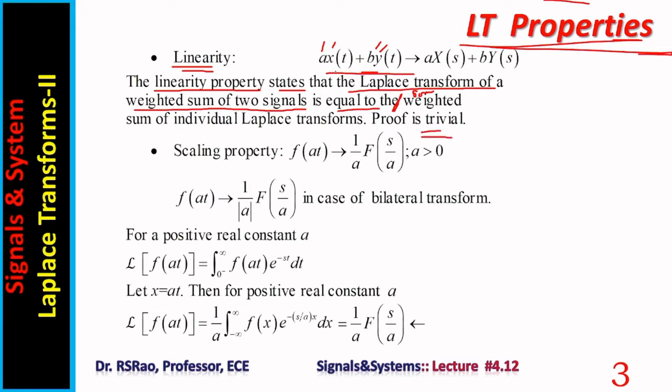Same weighted means on the left hand side in time domain, x is weighted by a. Right hand side in frequency domain, X of s is weighted by the same amount a. Similarly, y in time domain is weighted by b. In frequency domain also, it is weighted by b.